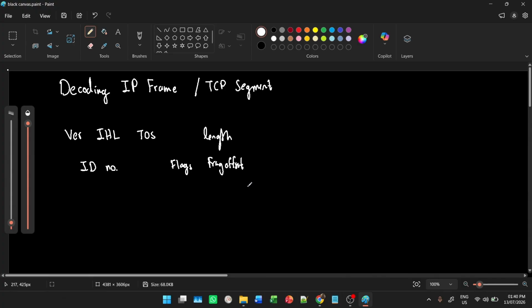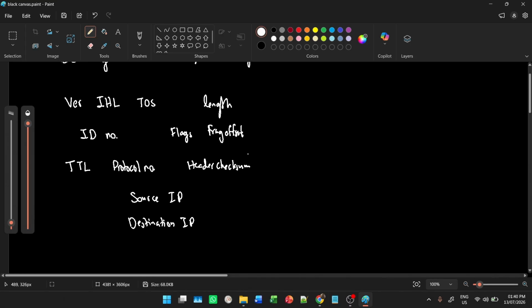Then below this, there's time to live (TTL), protocol number, and header checksum. I remembered up to here, but I had forgotten, so I'm going to quickly check. Under this, there's the source IP, then the destination IP.